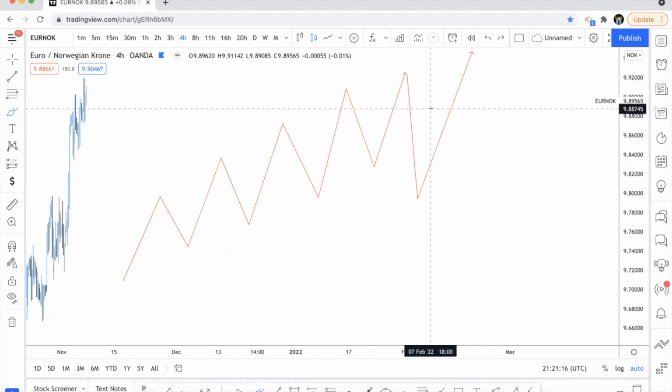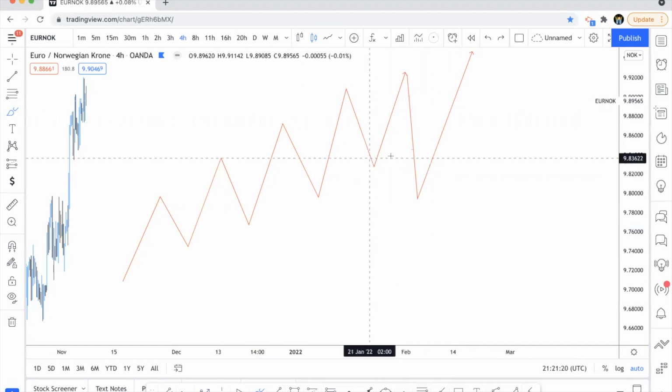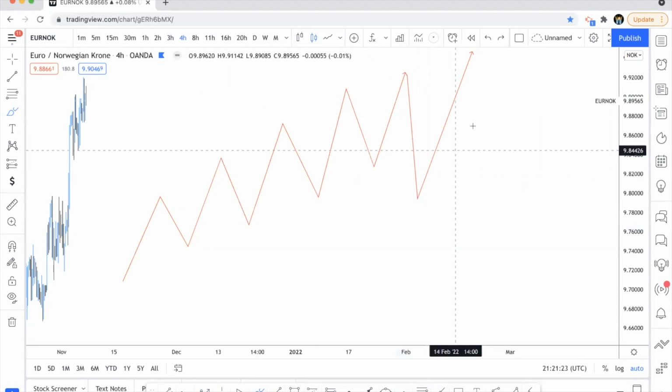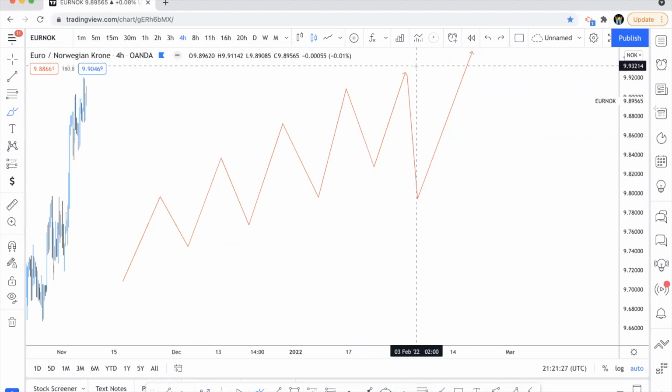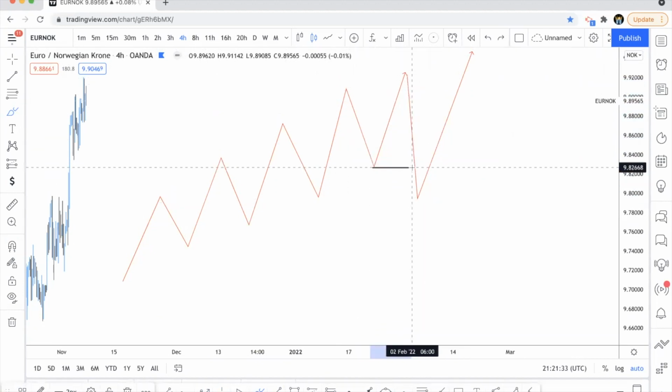Any retail trader can predict where the market's going based off of the strategy that we show. But what happens when there's manipulation in the market? When the market breaks structure like this, it can mean two things.